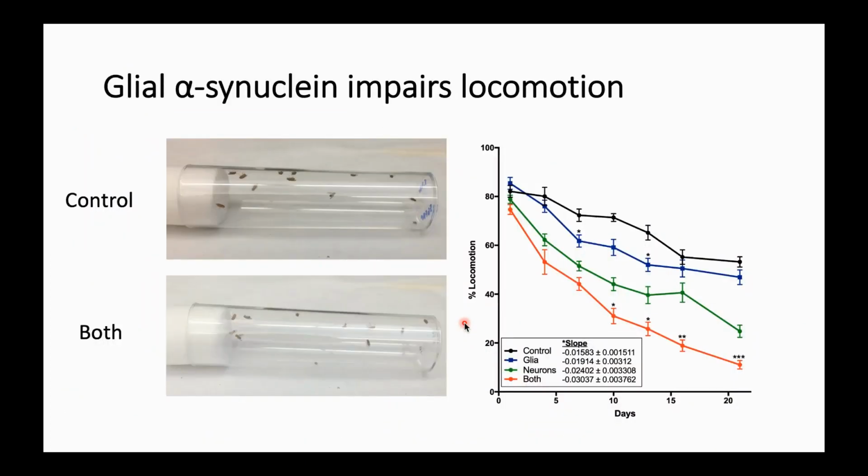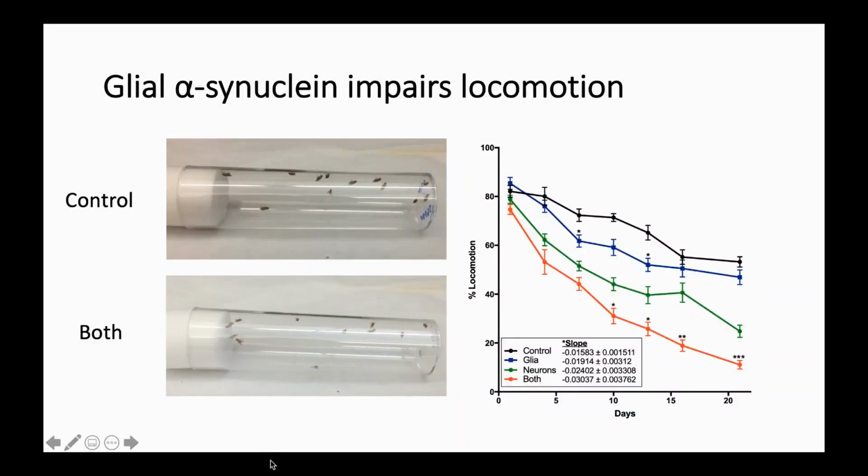So first, I developed a novel locomotion assay in order to examine behavior in these flies. To give you a sense of what this assay looks like, these are control flies here, and you can see that they are happily moving around just fine. These are flies that have alpha-synuclein in both neurons and glia, and what I hope you can appreciate is they are moving quite a bit less.